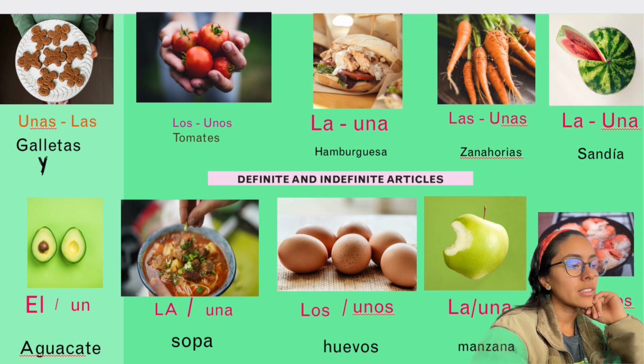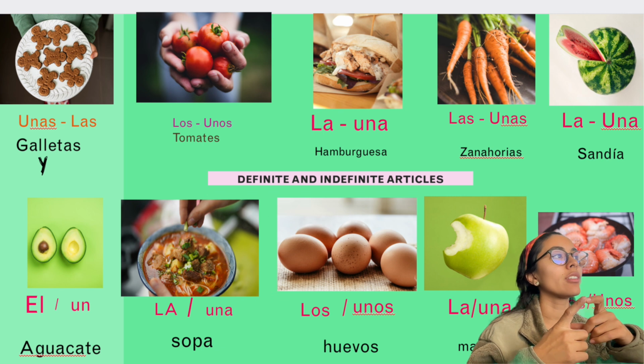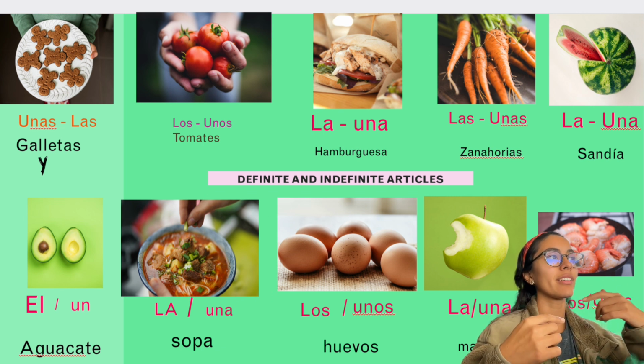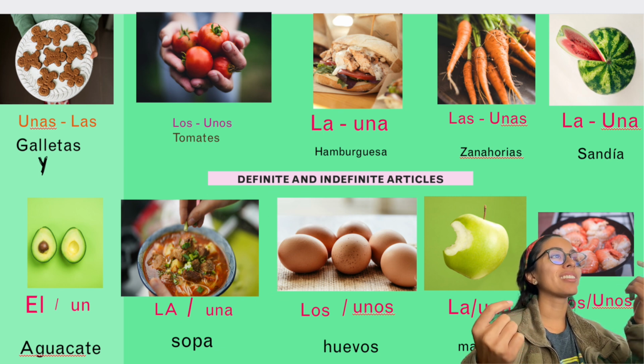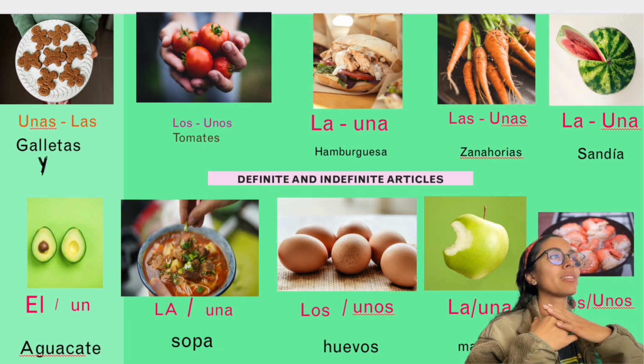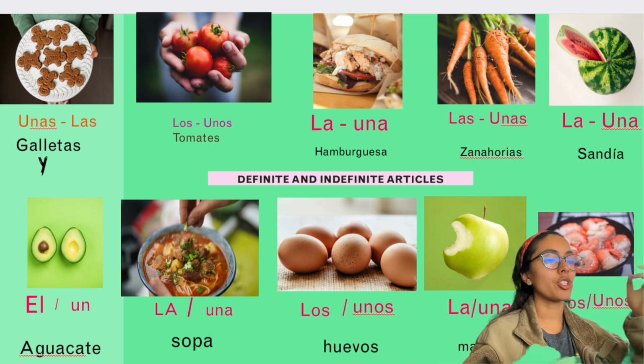I have a quick question. Yeah, of course. The sandia, is that specific to a watermelon or is it melon in general? It's specific to a watermelon. Okay, thank you. When we have a melon, in Colombia we have a lot the one that's orange inside, not the one that's green inside. In America, they have a lot of the green one inside. To that one we say melon. So instead of saying melon in English, it's melon in Spanish.